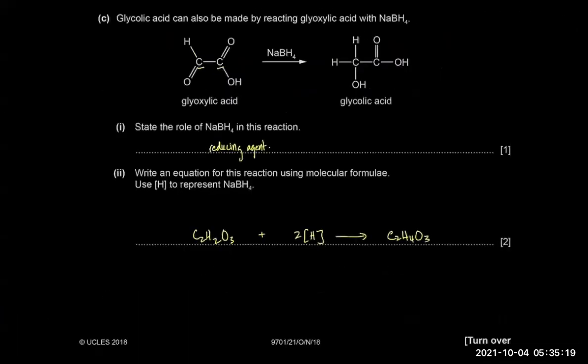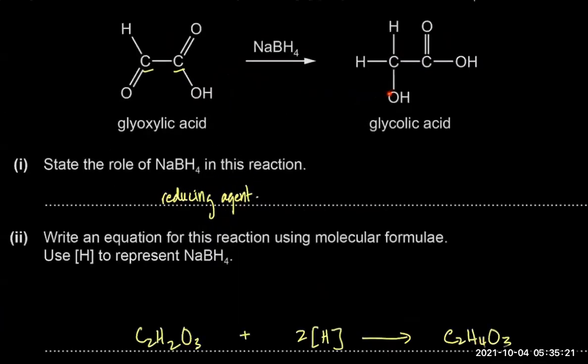Basically हो ये रहा है कि this guy over here is forming an ester with this guy over here. एक दूसरी molecule के साथ glycolic acid की it's forming an ester linkage between these two, right?